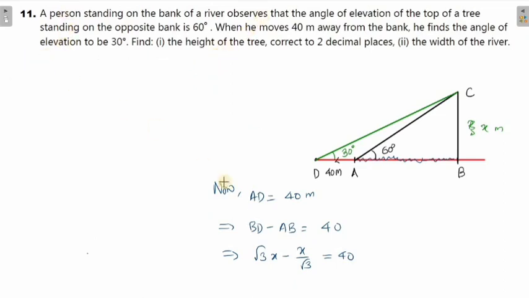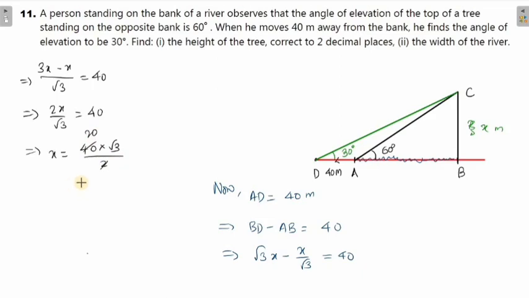Here when you simplify this, root 3 into root 3 becomes 3, so it becomes 3x minus x by root 3 equals 40. This becomes 2x by root 3 equals 40, and from here x equals 40 into root 3 by 2. So this and this get cancelled, this is 20, so x becomes 20 into root 3, which is 1.73. You have to find your answer to 2 decimal places.